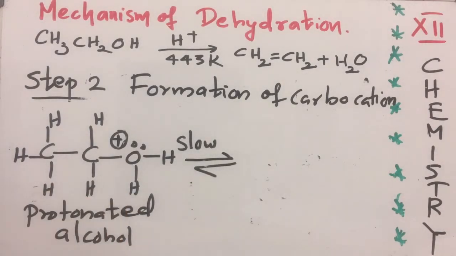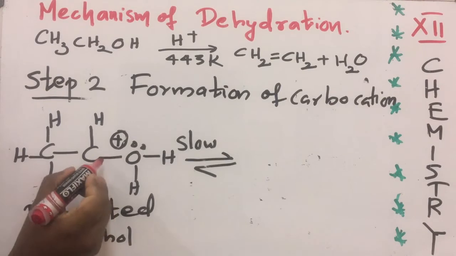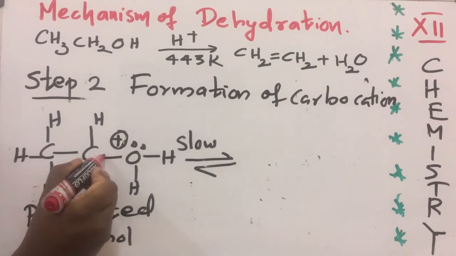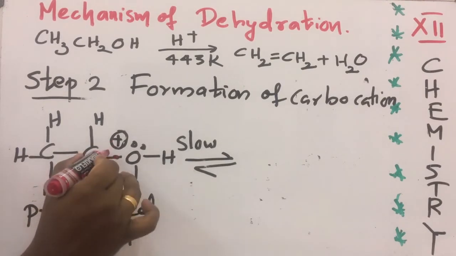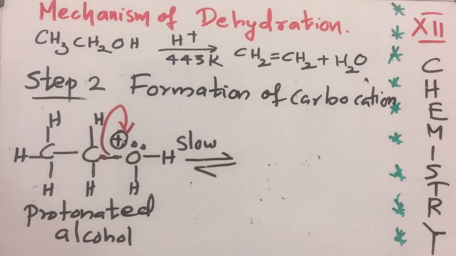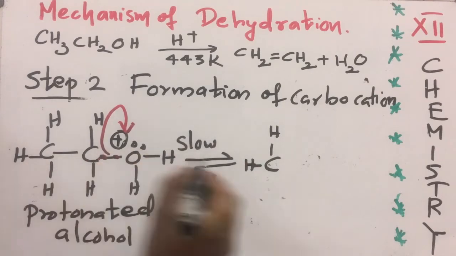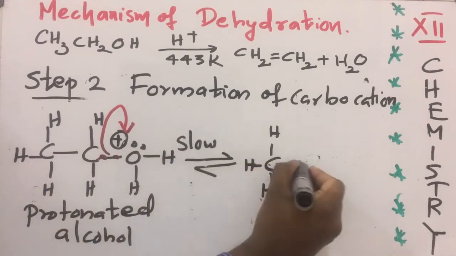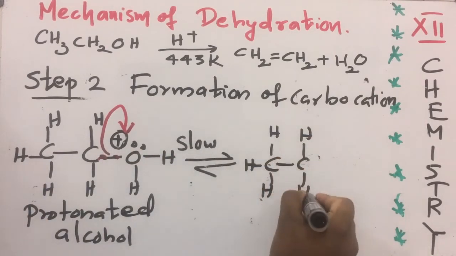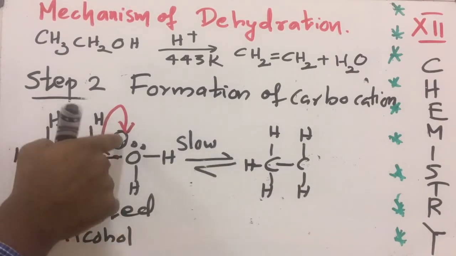Let's see how the reaction takes place. Here you can see the electrons of the single bond between carbon and oxygen. How many electrons are here? 2. These 2 electrons will shift to the positive charge, then form carbocation. CH3, CH2, then these 2 electrons are completely shifted to oxygen.